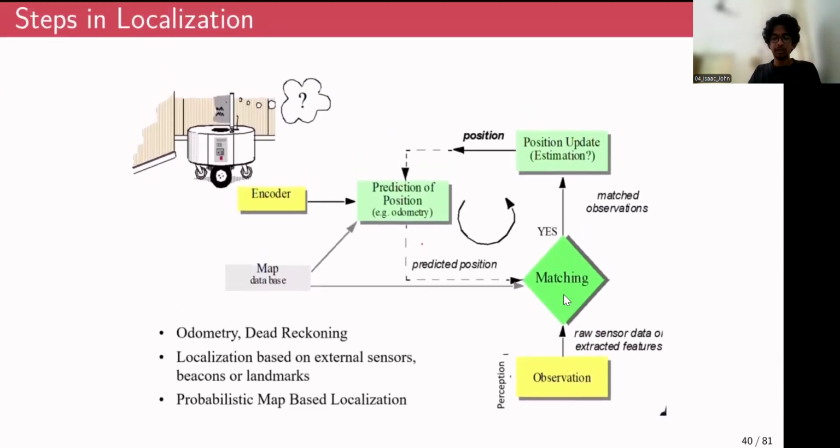So yeah, we have also seen a few of the steps involved in localization. We basically begin from this step. We know that based on the desired trajectory, you can always predict the next position based on the kinematic model, or the mathematical model we have.